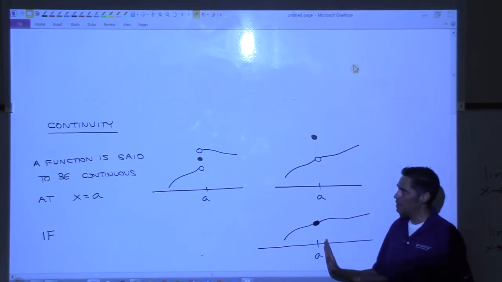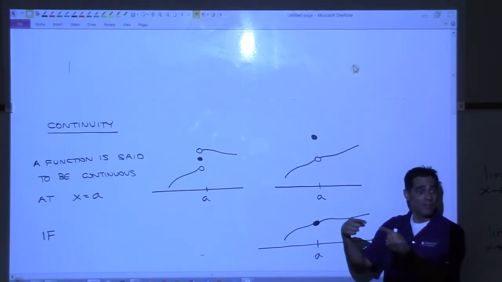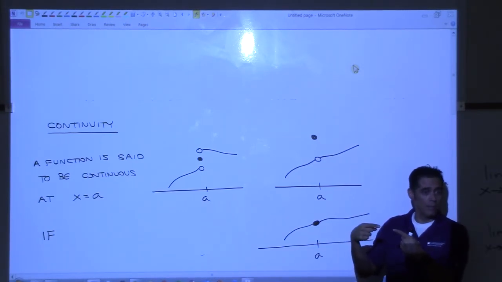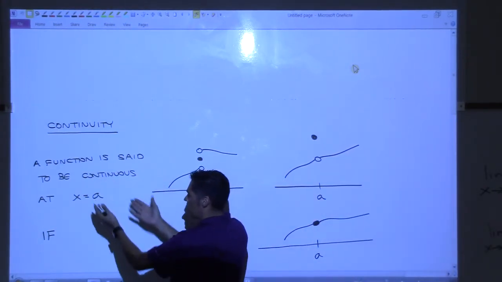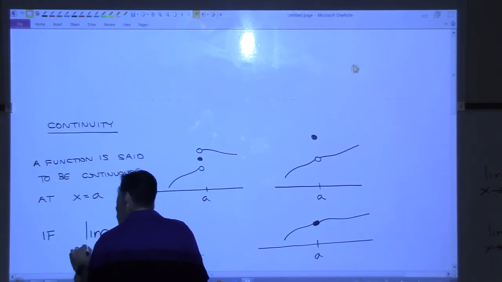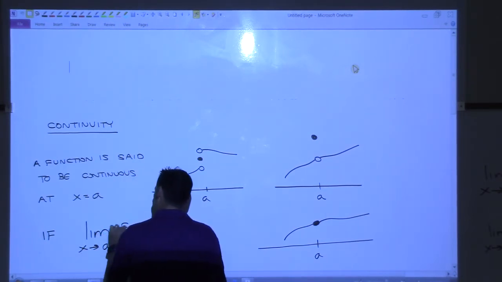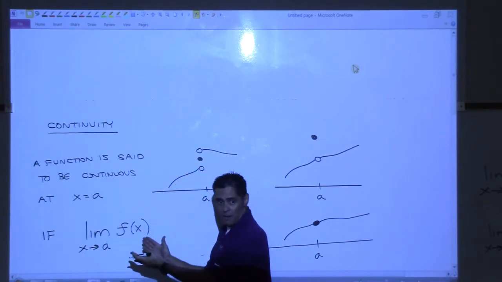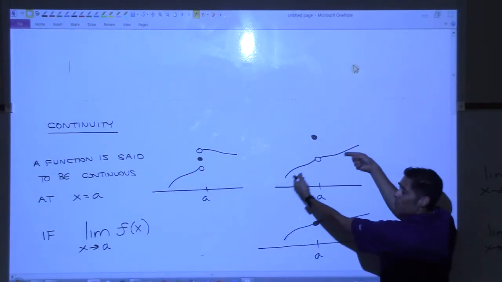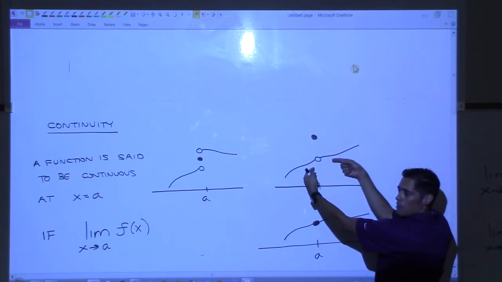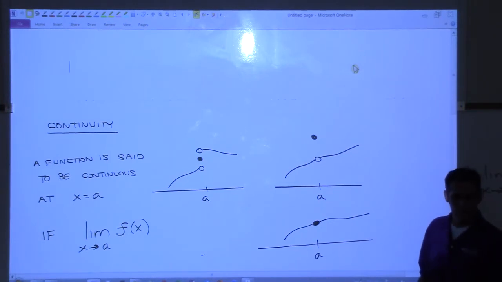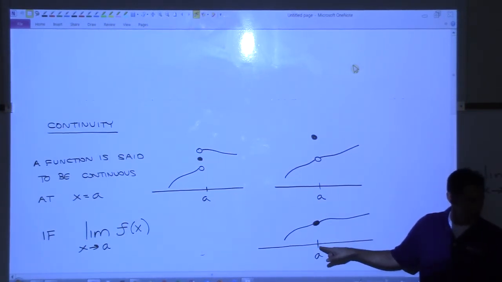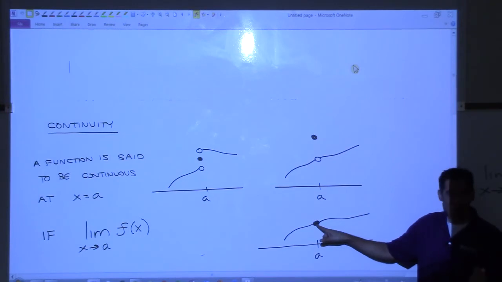We needed that the left and right hand limits were the same, right? So that means the limit at A had to exist, right? So we will say it's continuous at A if the limit as x approaches A of the function exists, right? But it existed here too, right? But what's the big difference between these two?